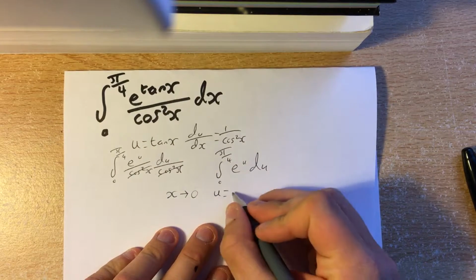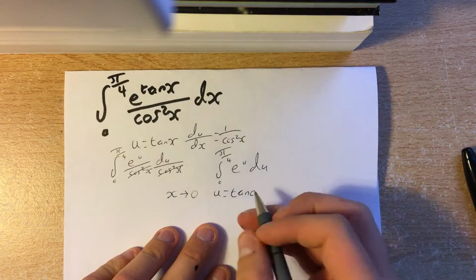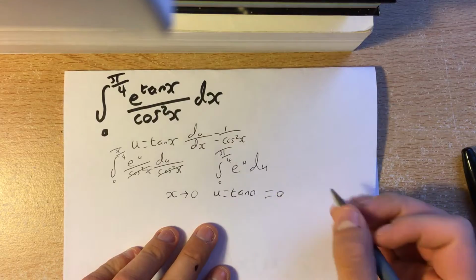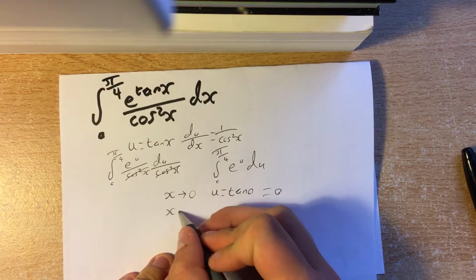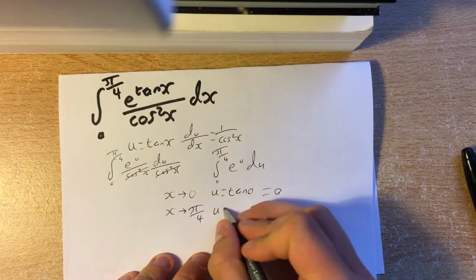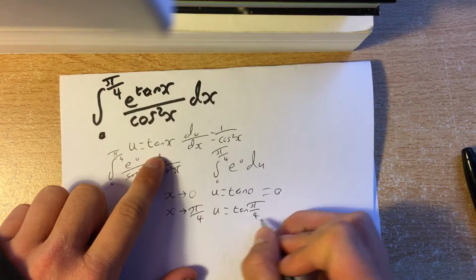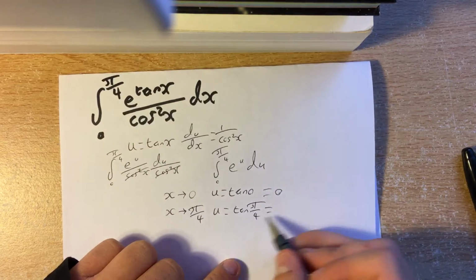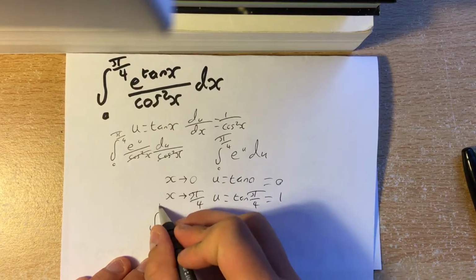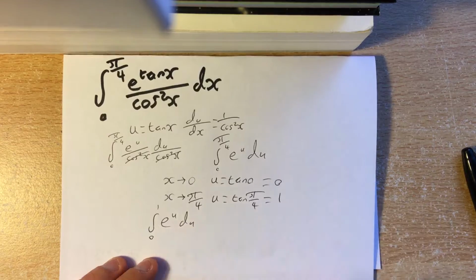So u now equals tan 0. And make sure you have this in radians in your calculator, and if we evaluate it, it just becomes 0. If x equals pi over 4, then u equals tan pi over 4. This comes out as 1. So our new limits are 0 to 1, e to the power of u du.